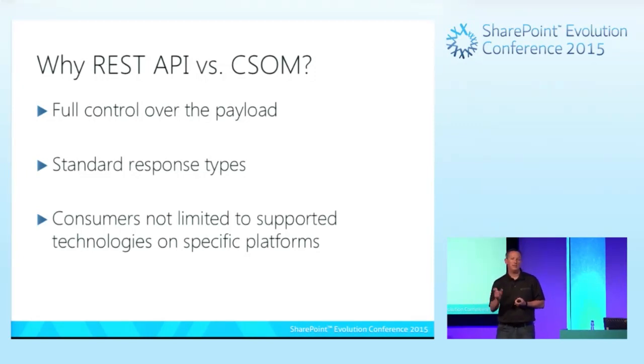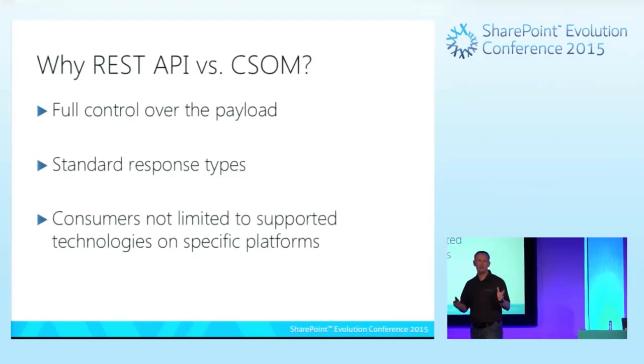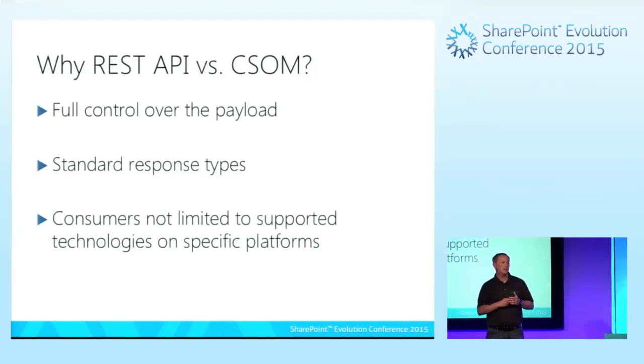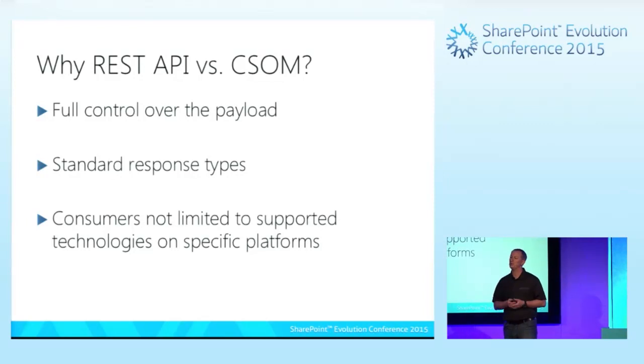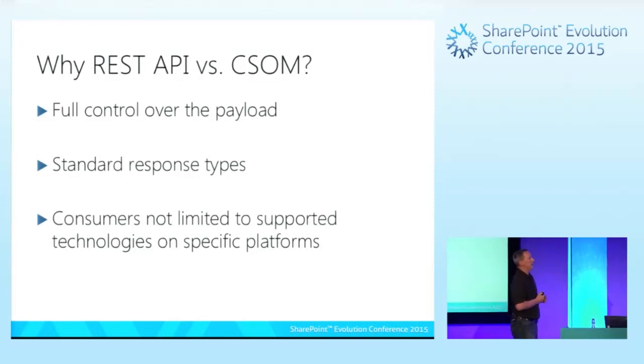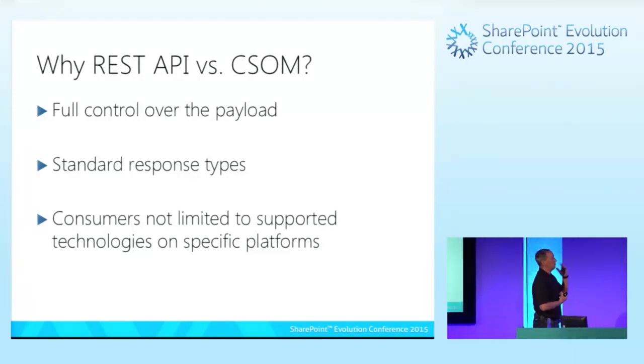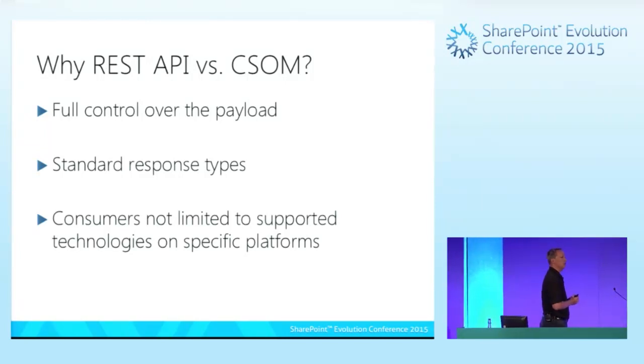With CSOM, I have some control over what's in the payload that comes back, but how it comes back, no control over that. Standard response types: it's JSON, JavaScript Object Notation, basically a much easier way to read and write formatted data than what we've traditionally used, which is XML.